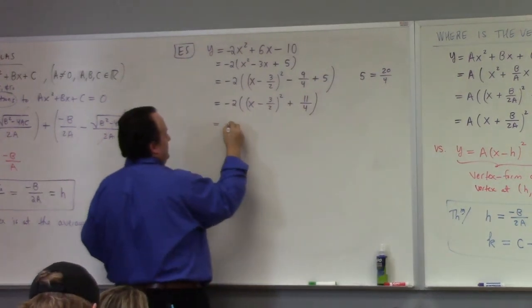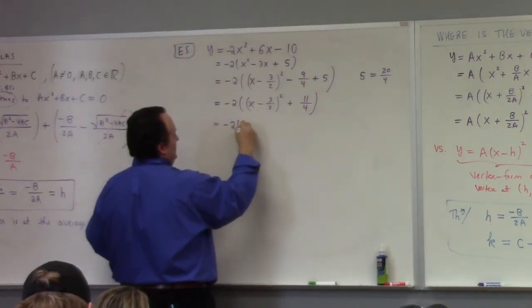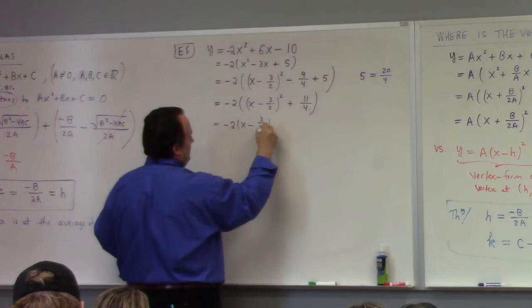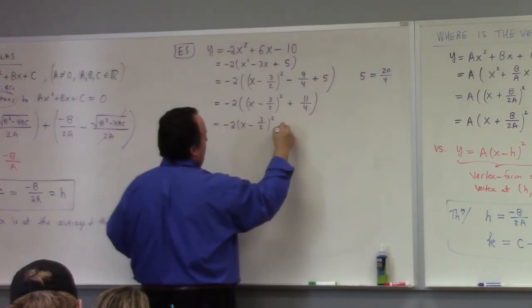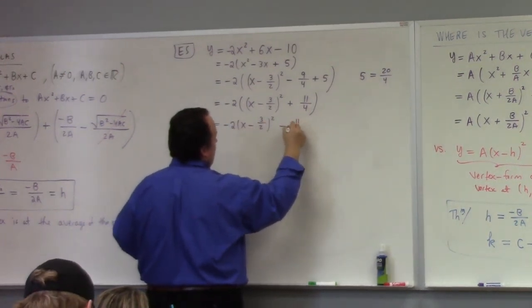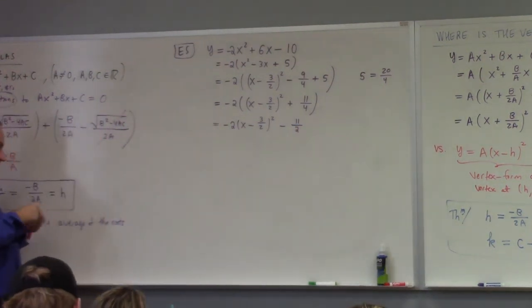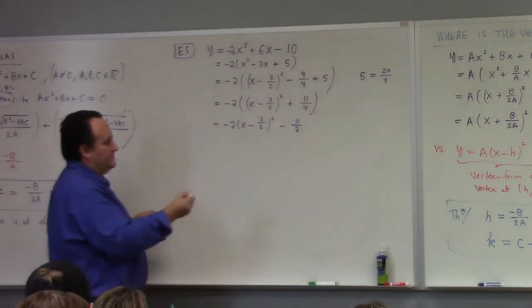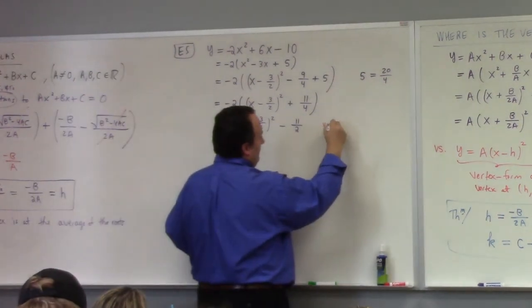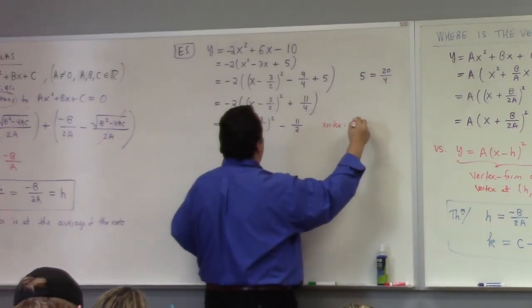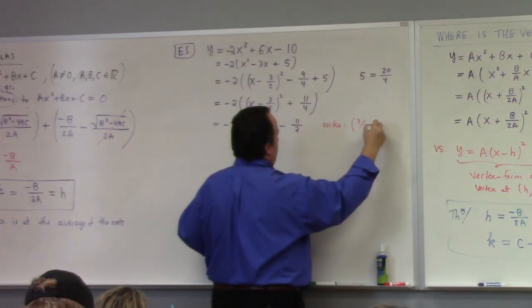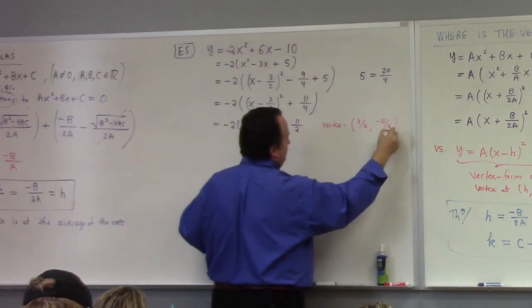And so this gives me minus 2 times x minus 3 halves squared minus 11 over 2. So what's the vertex here? Vertex is 3 halves and minus 11 halves.